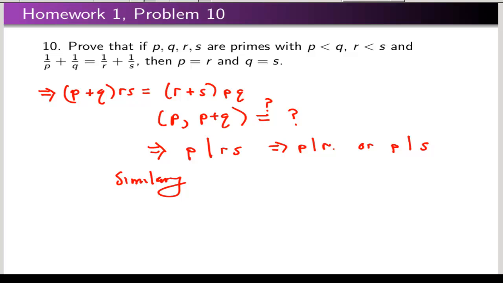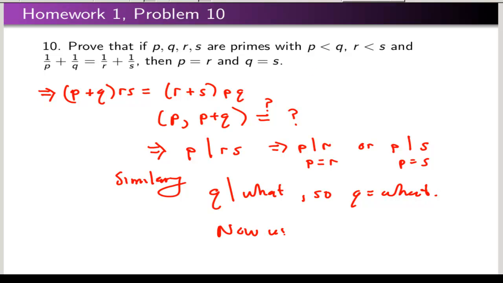If P is a divisor of R, that means P equals R, or P equals S. Similarly, Q divides what? So Q equals what? And then use the fact that P is less than Q and R is less than S to wrap things up.